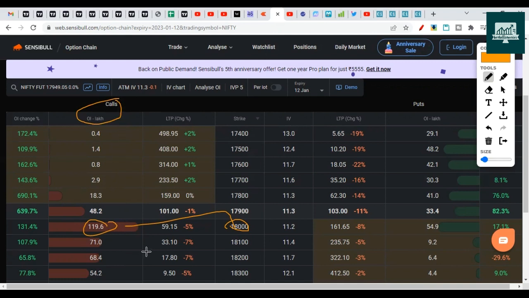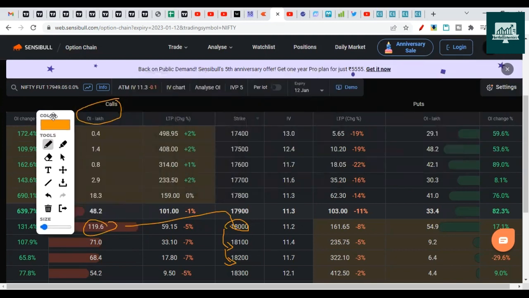So a break of this will trigger it to the next resistance, 18,100, 18,200, like that, 100 points apart. The market is still expecting it to be bearish, but let's see. The globals are very positive, and a short covering rally can come up.